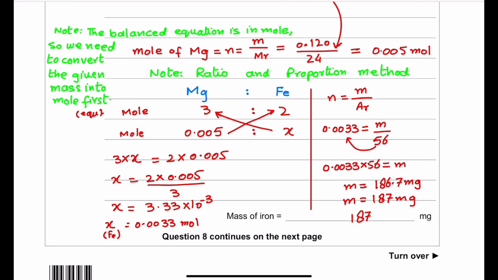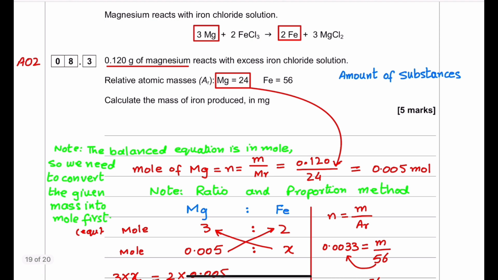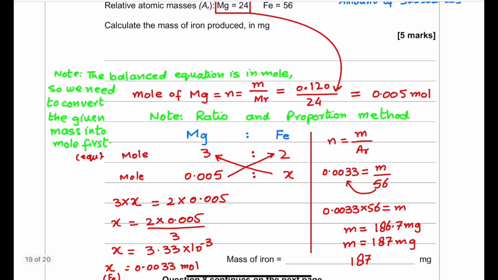In this question we learn that the given masses must be converted into moles, and we can use the relation from the equation between magnesium and iron, 3 to 2. We made our own moles from the given mass, already calculated as 0.005, and the unknown moles of iron are x.